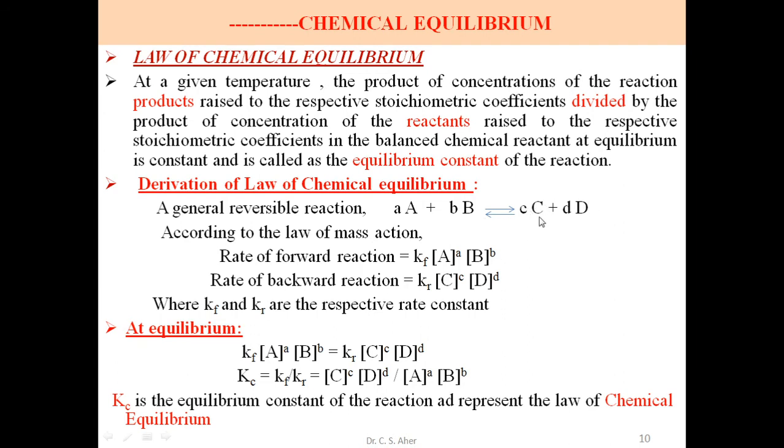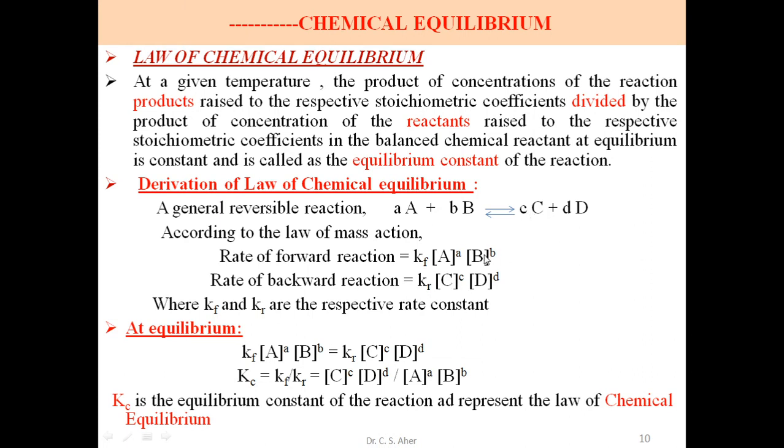C and D are the reacting substances for the reverse or backward reaction. And thus, according to the law of mass action, the rate of the backward reaction uses Kr, where r is reverse reaction. This is the rate constant for the reverse reaction.